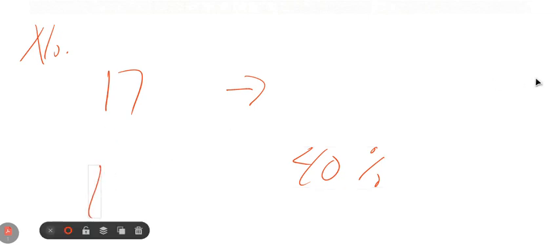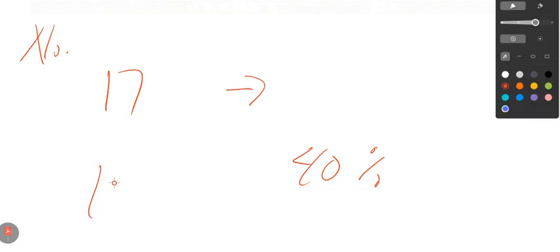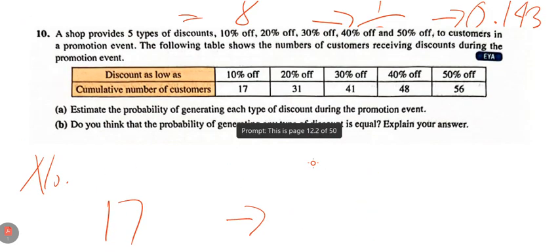So based on the data that we have, the probabilities are not equal. Okay, so that would be all for this one.